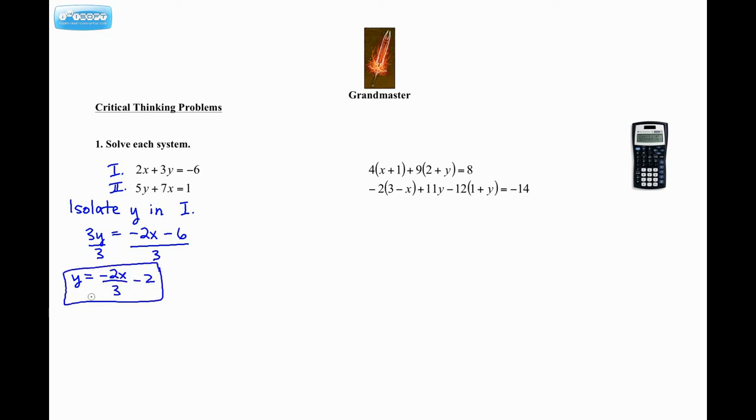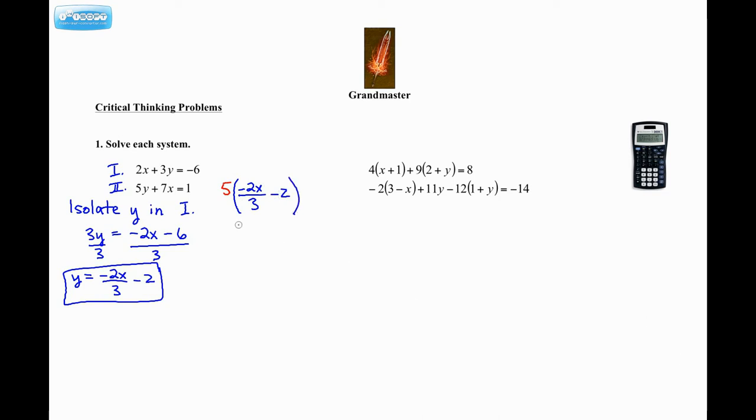So now I'm going to substitute that into equation 2. So this y here is going to get replaced. I'll actually do that in red, up here. So this is 5, and in blue we had negative 2x over 3 minus 2.